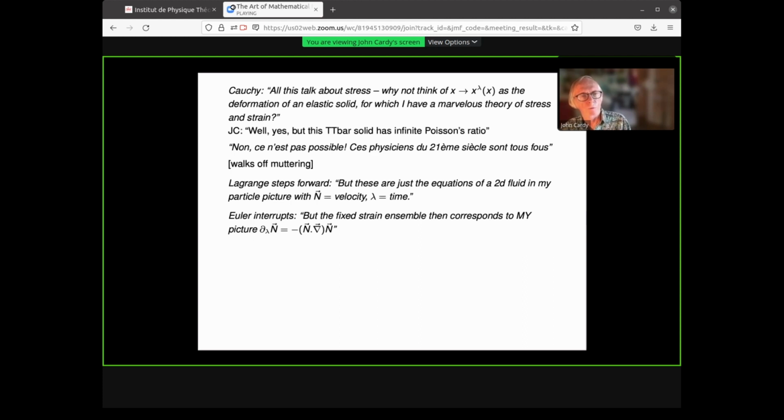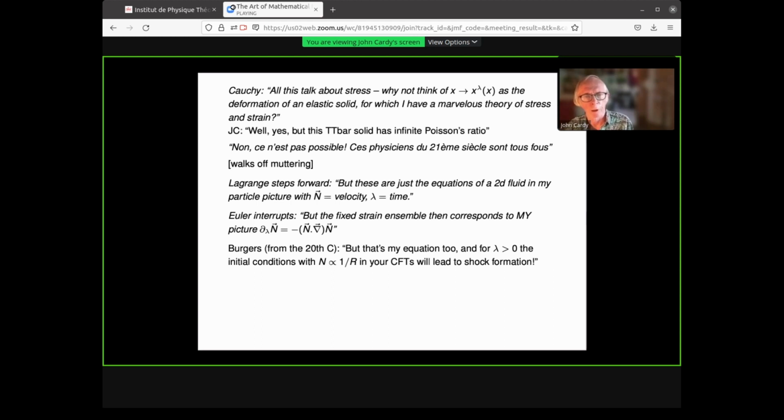And then there's a visitor from the 20th century, Burgers, who says, but that's my implicit equation too. And I use it as a model for the formation of shocks.